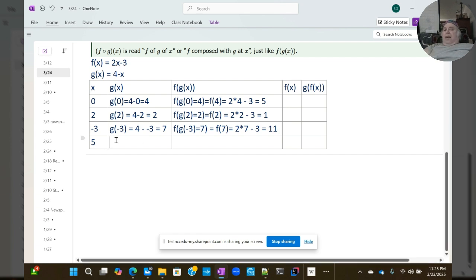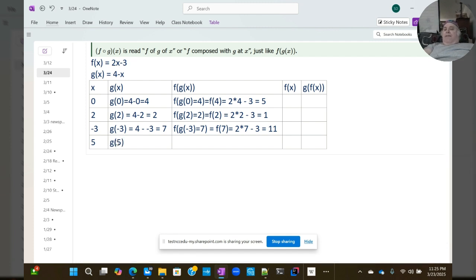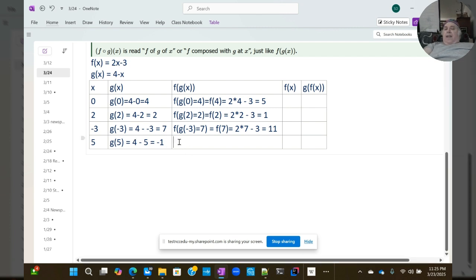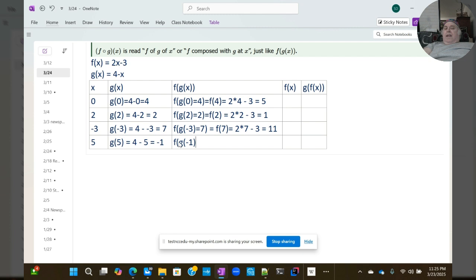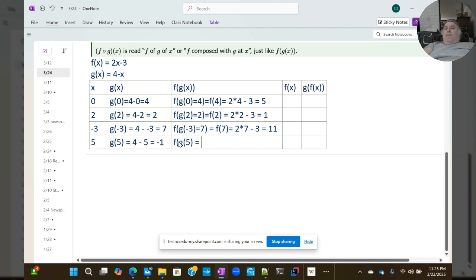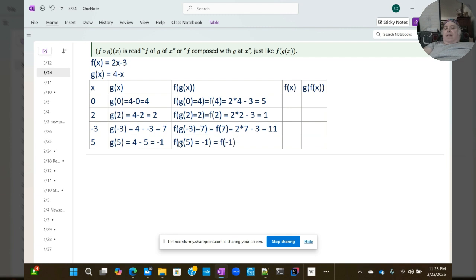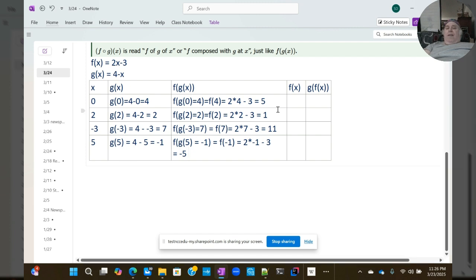And finally, these are just some random numbers I picked. g of 5 is 4 minus 5, which is minus 1. f of g of 5 equals f of minus 1, which is 2 times minus 1 minus 3, which equals minus 5.